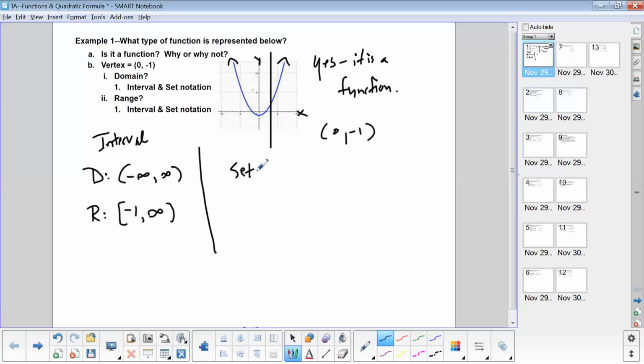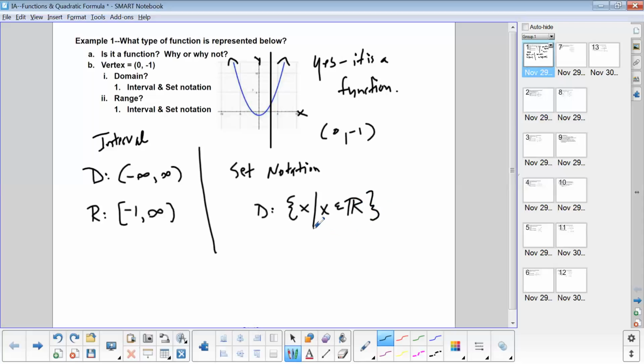So when we look at set notation, the domain, since it's all from -infinity to +infinity, will be the set of all values x such that x is an element of all real numbers.